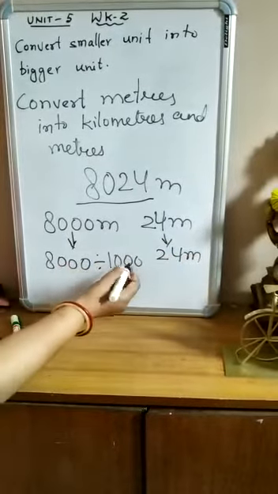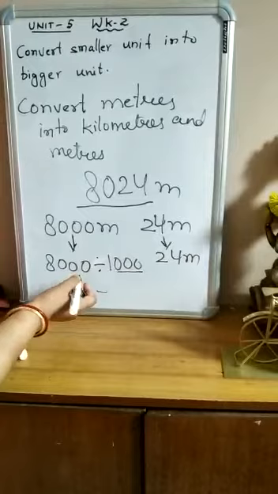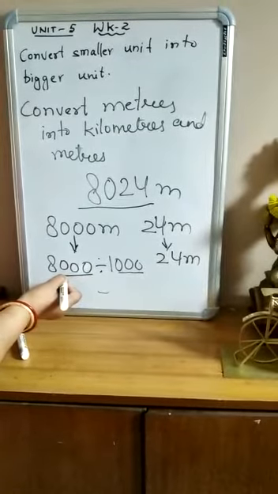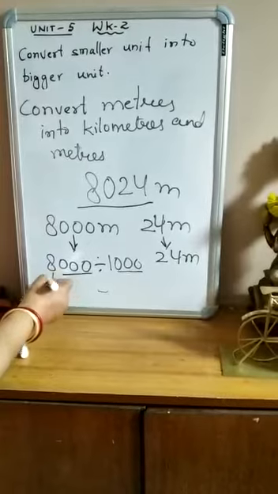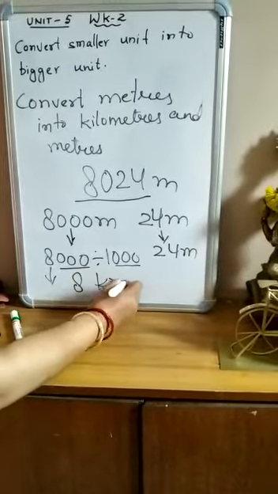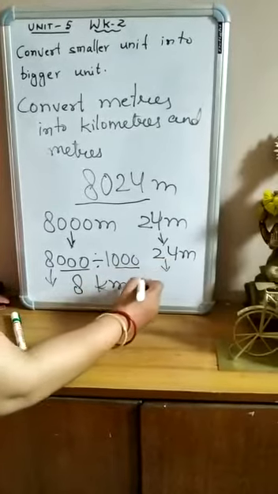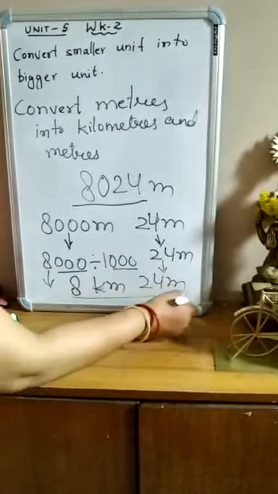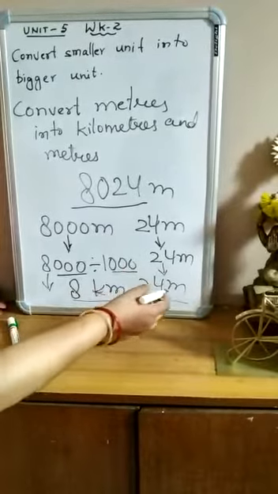Now dividing by 1000, 1000 is having 3 zeros. So I am removing the 3 zeros from the right side of the 8000. So 8 remains. So it is 8 kilometer and 24 I will write as it is along with 8 kilometer. Now it becomes 8 kilometer and 24 meter.